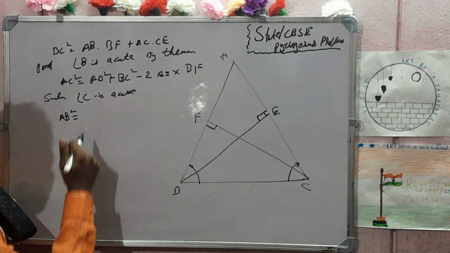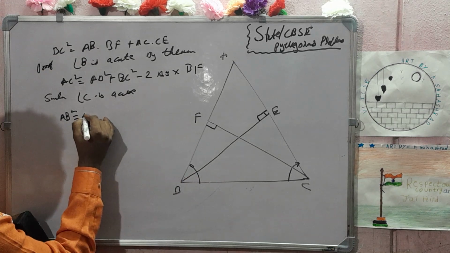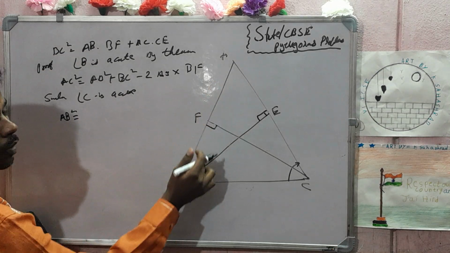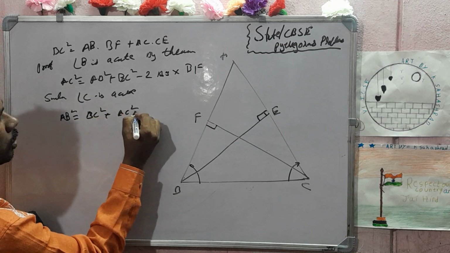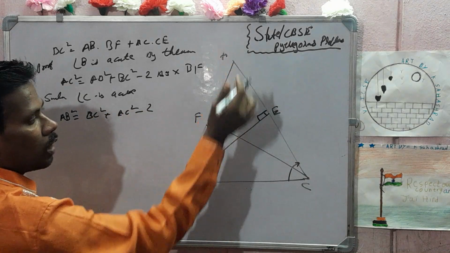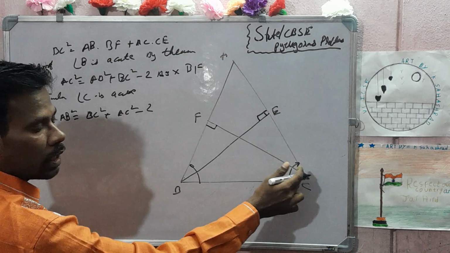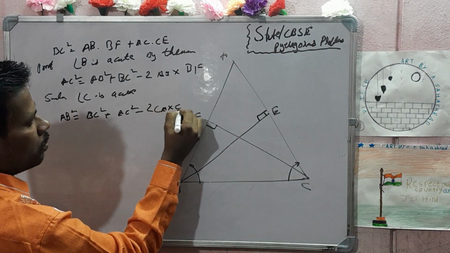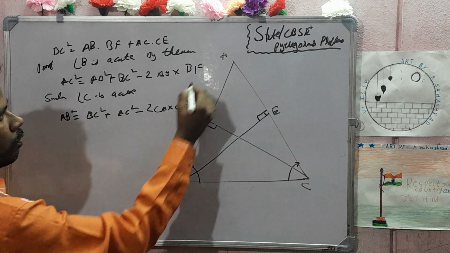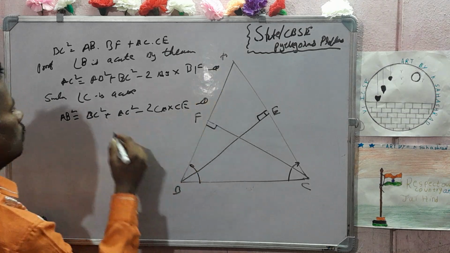AB square is equal to BC square plus AC square minus 2 times this whole length, since angle C is acute, minus CA into CE. Mark this as 1, mark this as 2. Add these two.